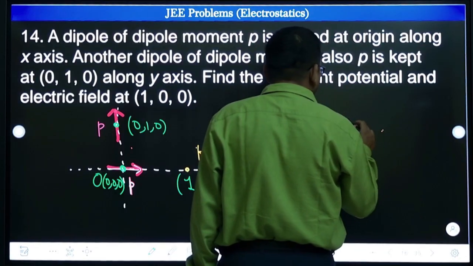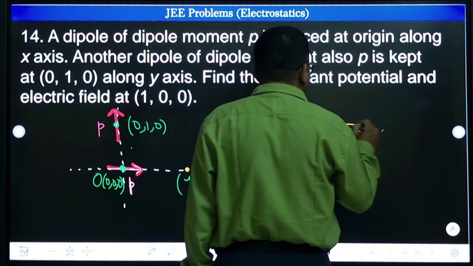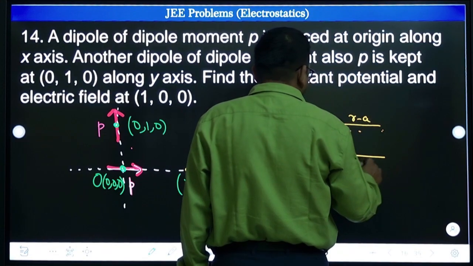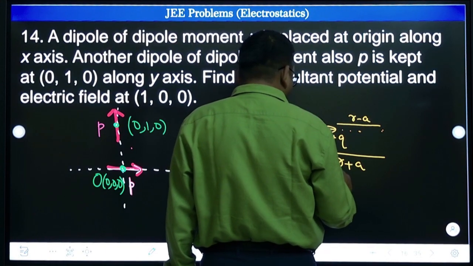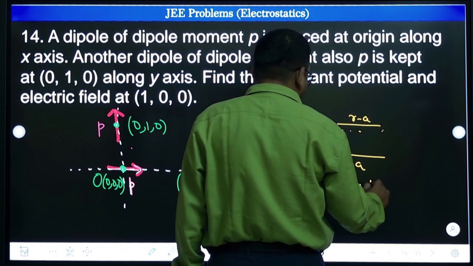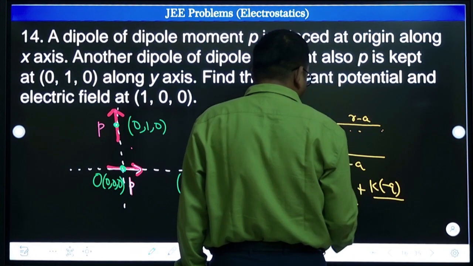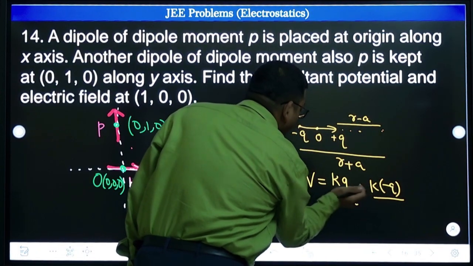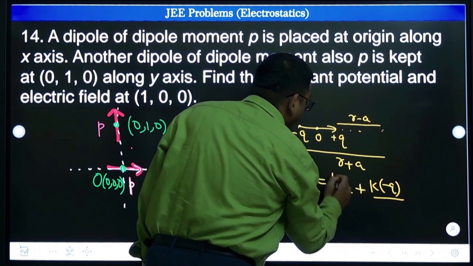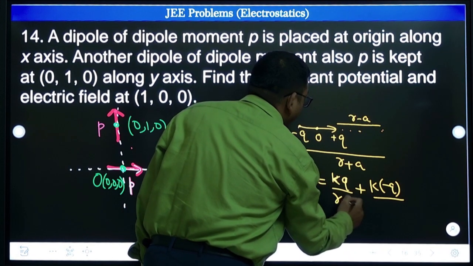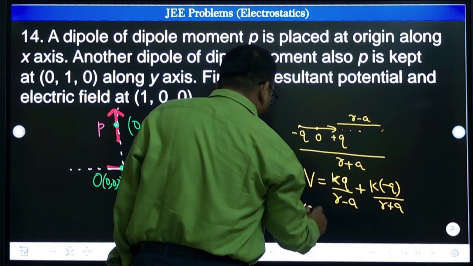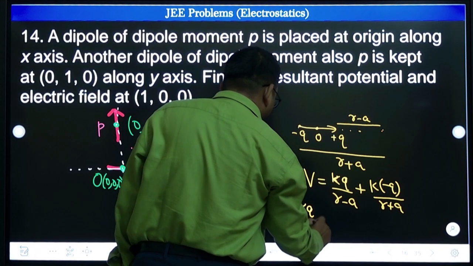If you take the distance from the center, this distance becomes r minus a, and this distance becomes r plus a. So potential due to both the charges: kq by r minus a, minus kq by r plus a. So do this calculation; kq comes out, and this becomes r square minus a square.